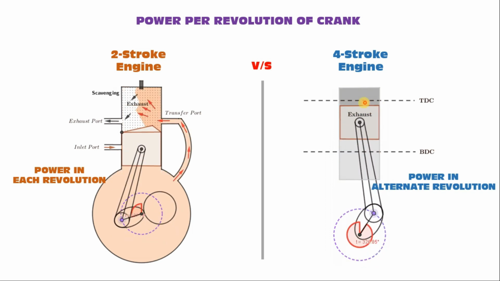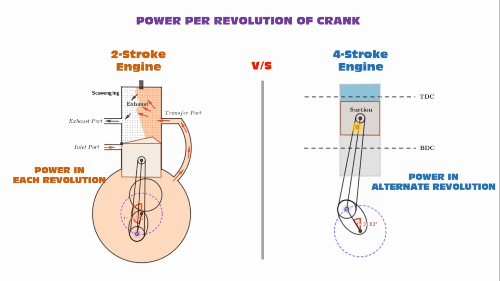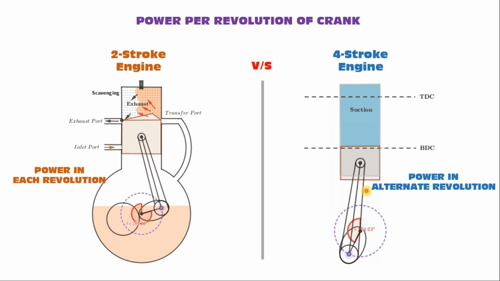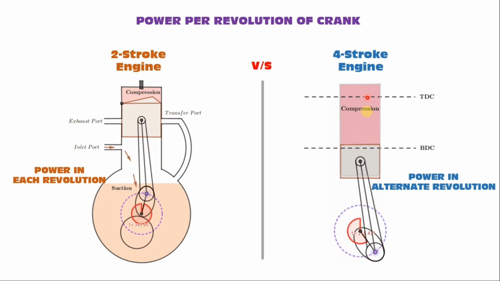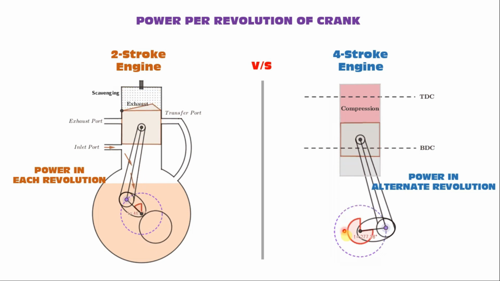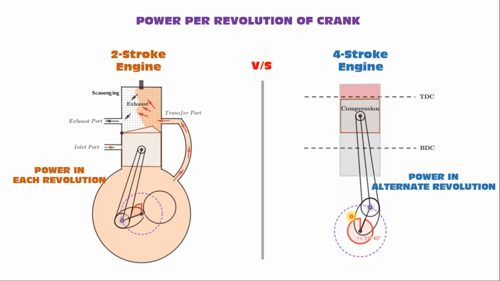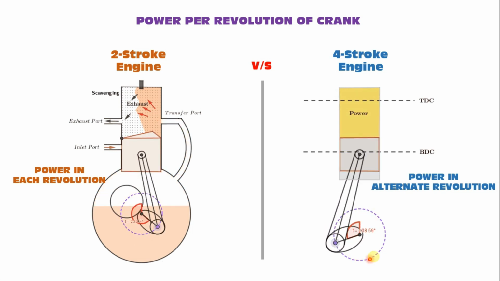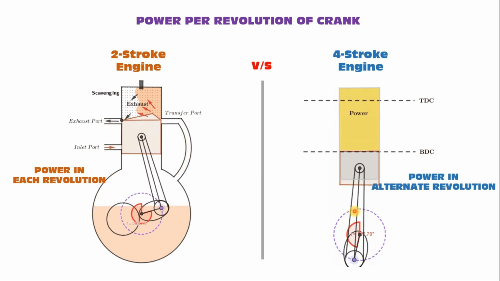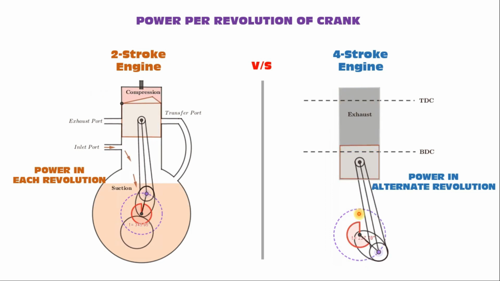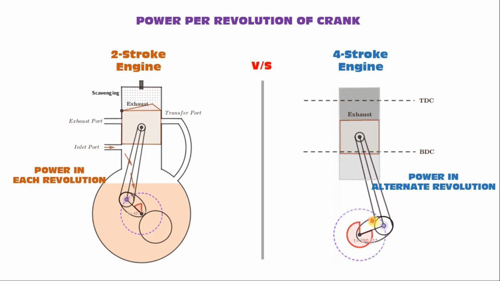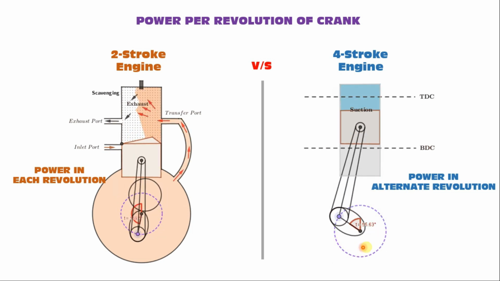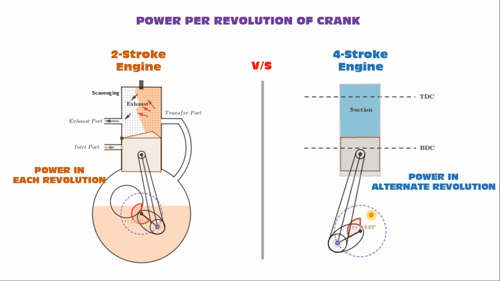Now the cycle begins. Suction stroke, then compression. Observe this, in this first revolution no power is generated. Now power stroke, this is the beginning of the second revolution. So in the second revolution power is generated. And then for the next cycle, again in the next revolution no power will be generated, and after that power will be generated.